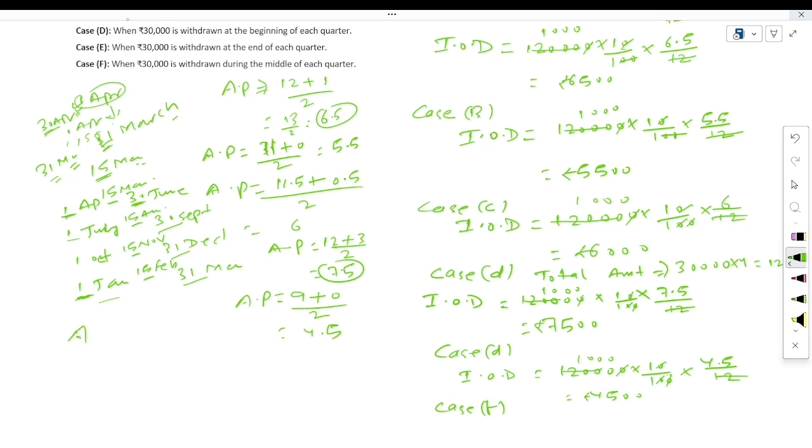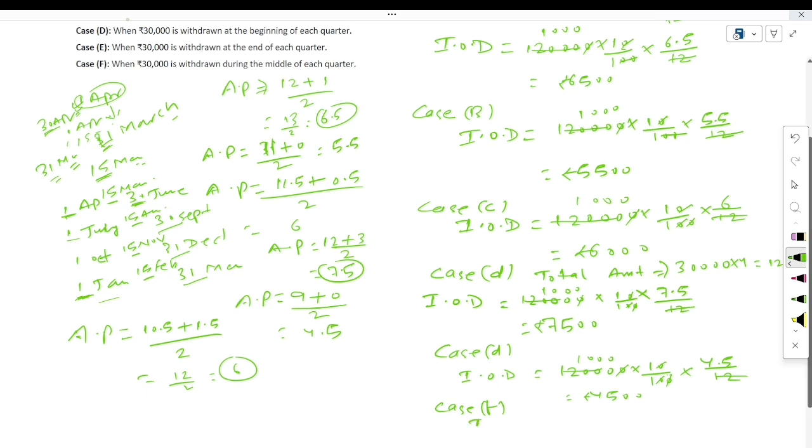Now calculate the average period. Months left after first drawing. First drawing would be on 15th May. How many months will be left there? 10.5 months, plus months left after last drawing. How many months will be left there? 1.5, upon 2. Now 12 upon 2, it means 6 will be the average period.